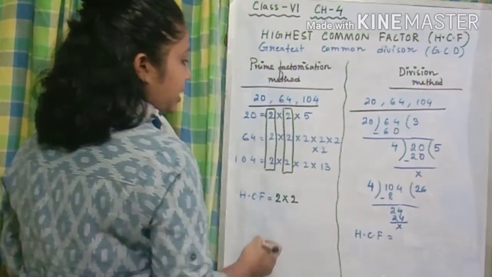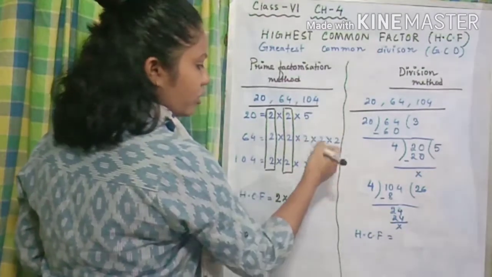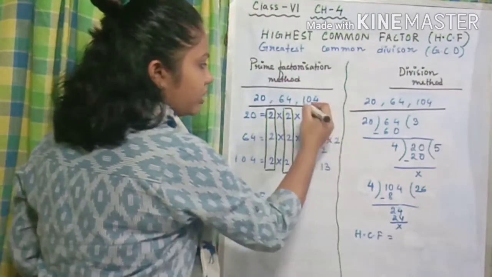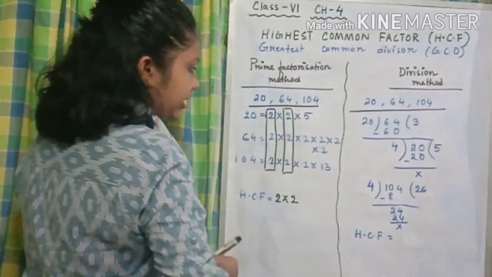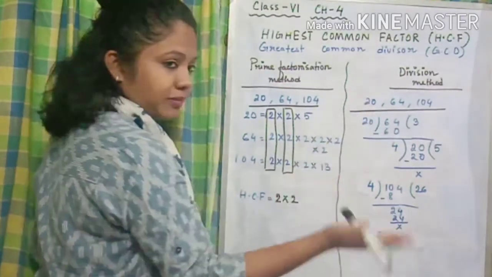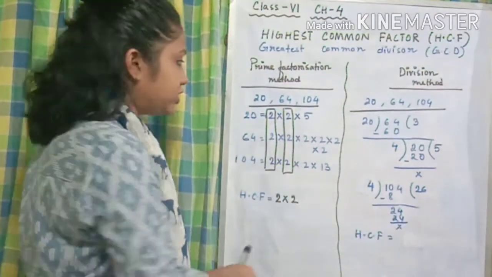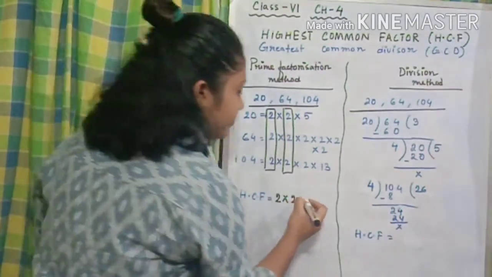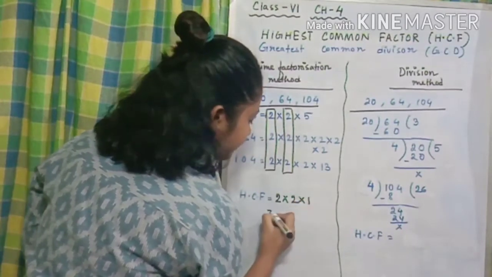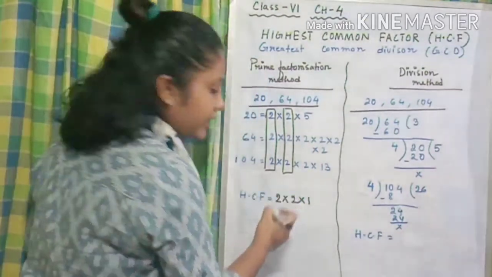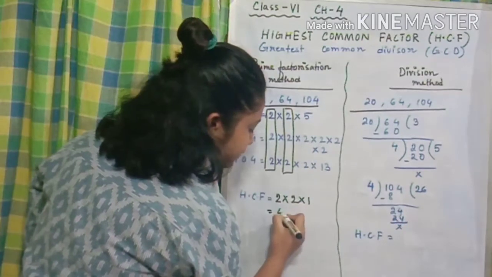Now see, is there anything more common between them? No, because only 5 is remaining for 20, and for 64 there are six multiplied 2s, and 2 into 13 is there for 104. So there is nothing more common between them other than 1. So ultimately what is their HCF? 2 into 2 into 1, that is 4.